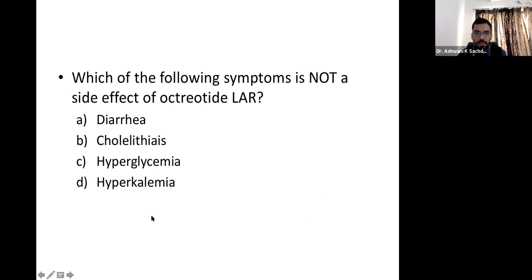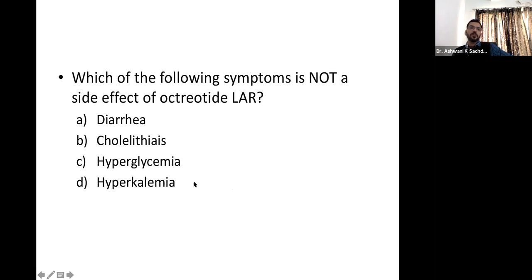The answer is hyperkalemia in this case, because hyperkalemia is not known to occur with octreotide. Hyperglycemia or hypoglycemia can occur due to increased or decreased release of insulin or glucagon. If there is decreased release of insulin, it causes hyperglycemia.